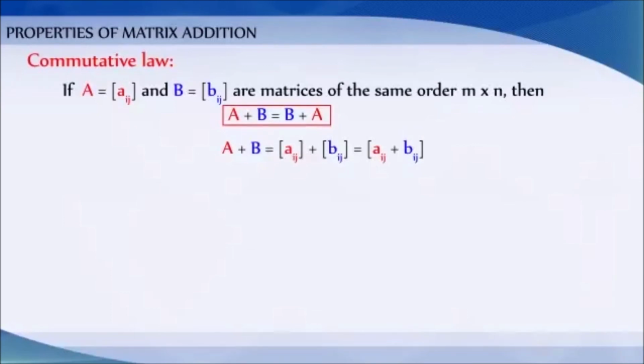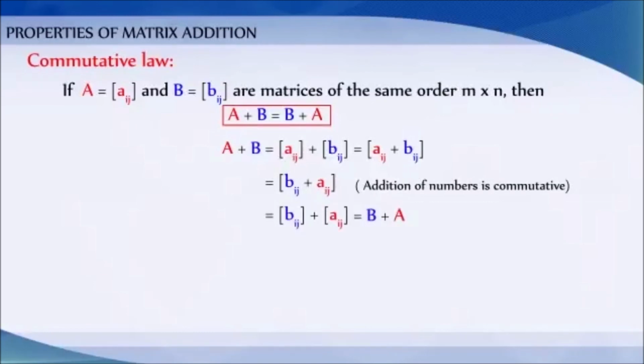This can be written as matrix Bij plus Aij since addition of numbers is commutative. Now, matrix Bij plus Aij is equal to matrix Bij plus matrix Aij, which is equal to B plus A. Therefore, matrix addition satisfies the commutative law.